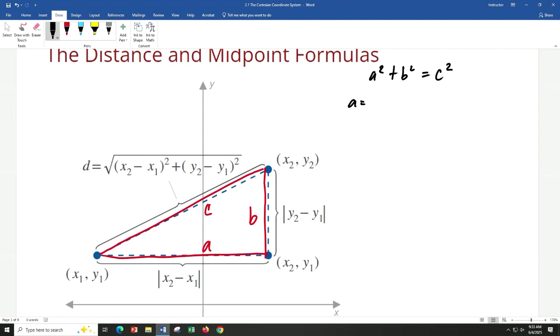It goes positive because absolute values denote distance. So x sub 2 minus x sub 1, and I can do the same thing with b and get y sub 2 minus y sub 1 because we are going in the vertical direction now, not the horizontal.